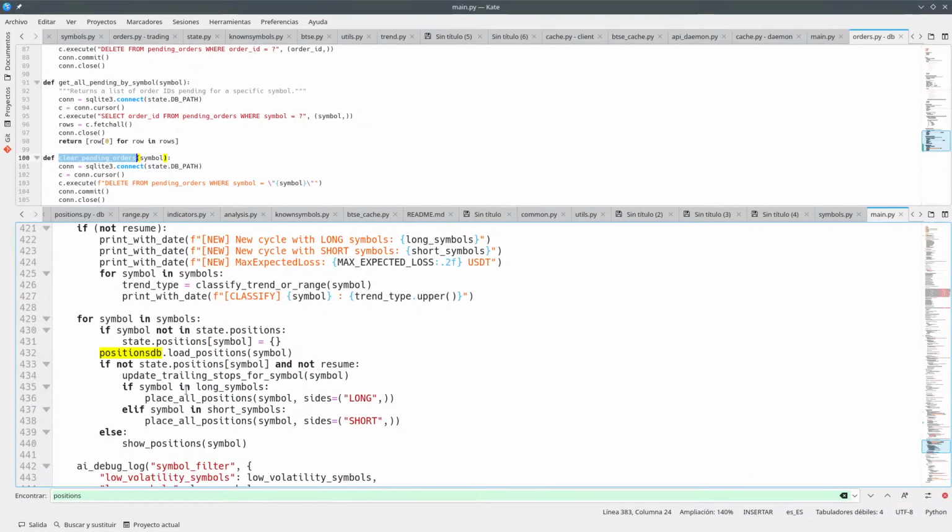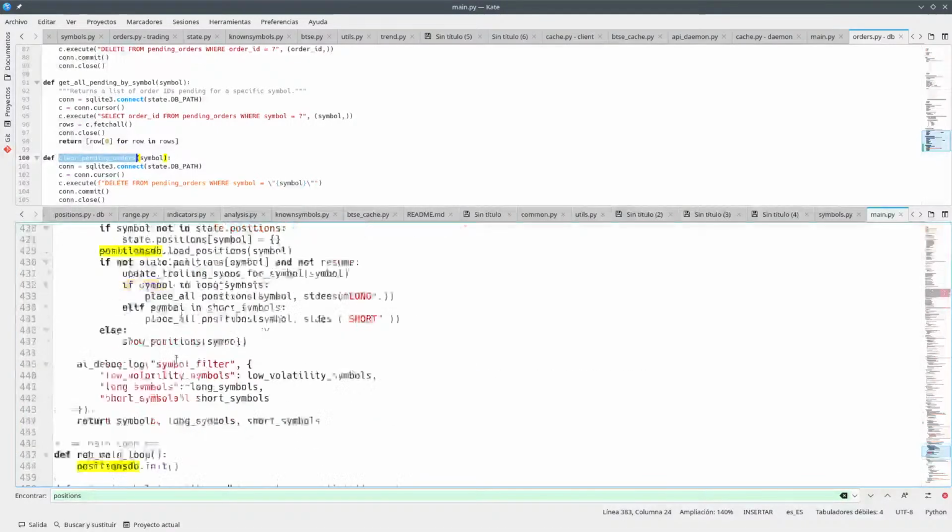So once we do all of this, we want to load pending orders of these positions here. So if symbol not in state positions, then this is empty.